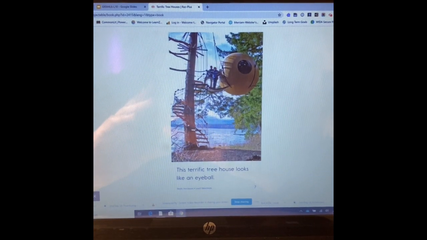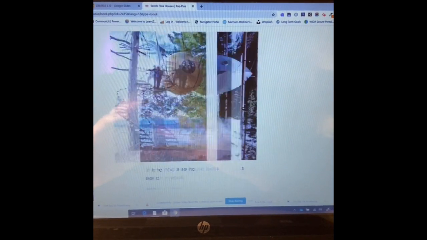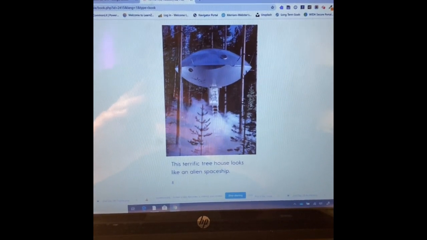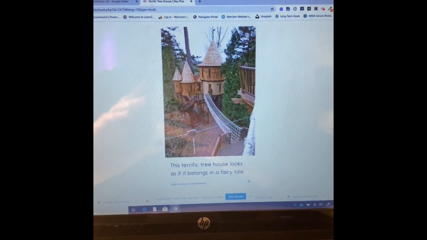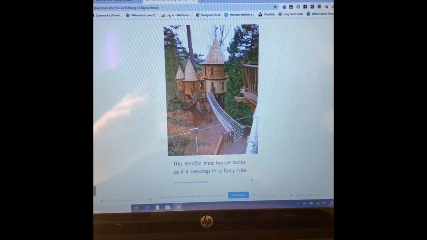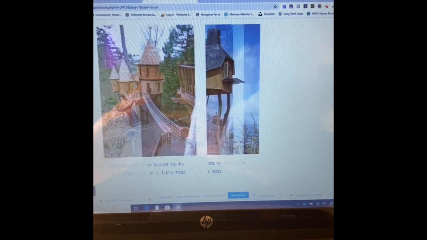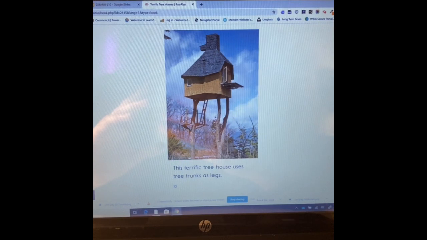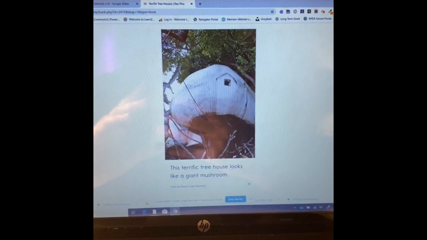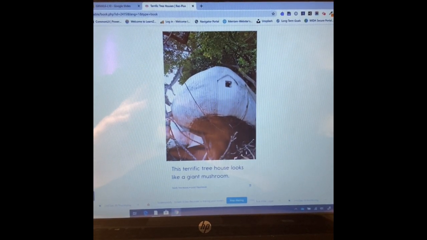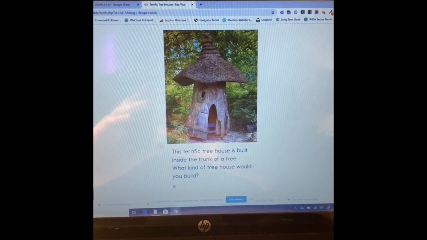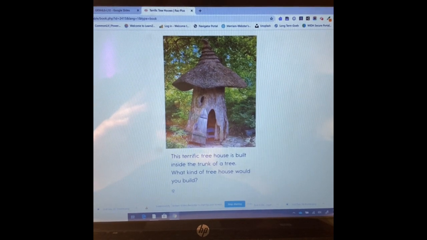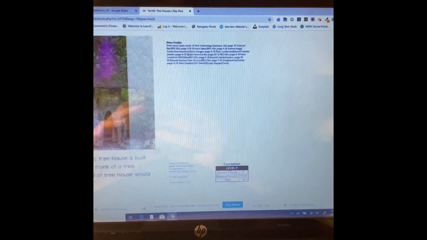This terrific treehouse looks like an eyeball. This terrific treehouse looks like an alien spaceship. This terrific treehouse looks as if it belongs in a fairy tale. This terrific treehouse uses tree trunks as legs. This terrific treehouse looks like a giant mushroom. This terrific treehouse is built inside the trunk of a tree. What kind of treehouse would you build?